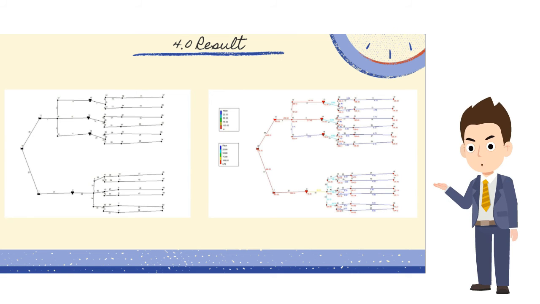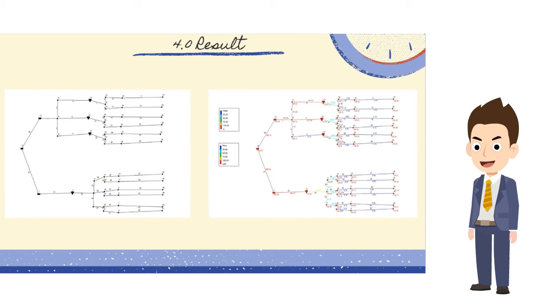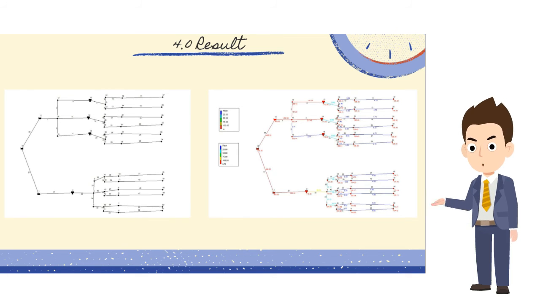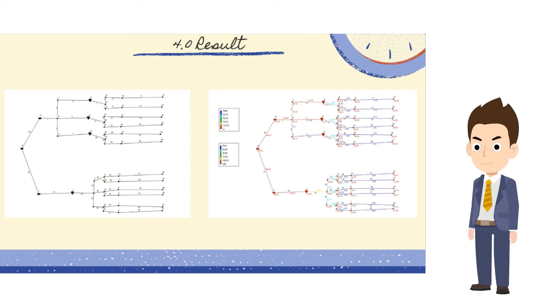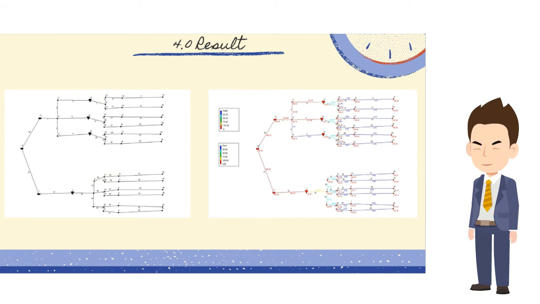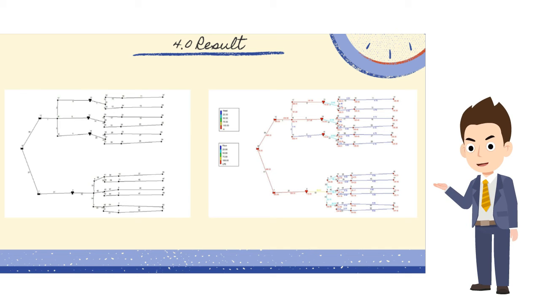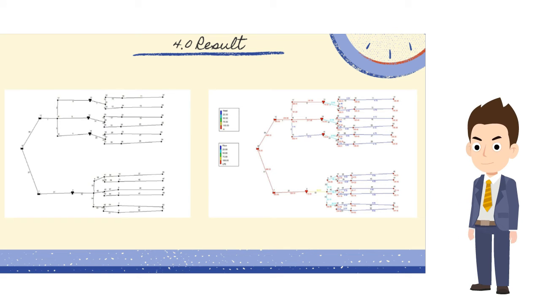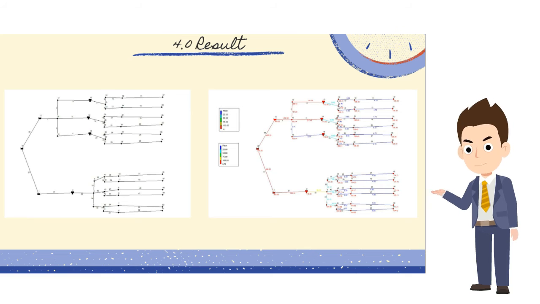For the result, the first picture shows the numbering for nodes and links. The second picture shows the numbering for head and flow at each node and link. From the manual calculation, the maximum water demand is 5,000 litre per second.